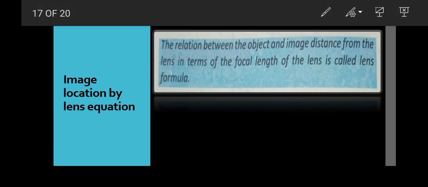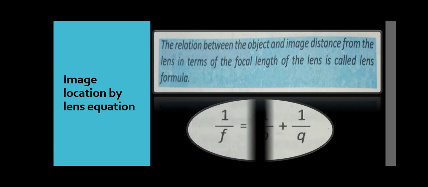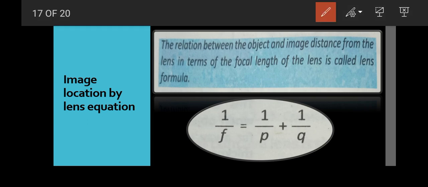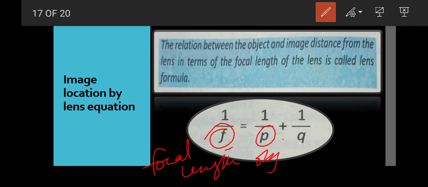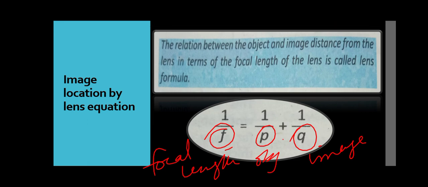Here is the formula: 1 by f equals 1 by p plus 1 by q. Remember that f is the focal length, p is the object distance taken from the object to the optical center of the lens, and q is the image distance taken from the image to the optical center of the lens.